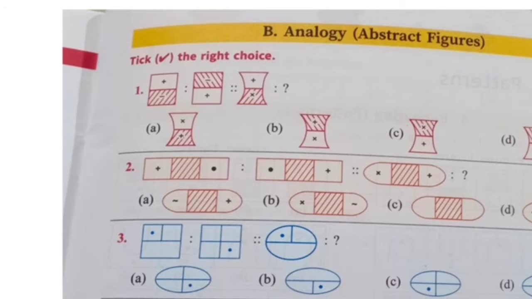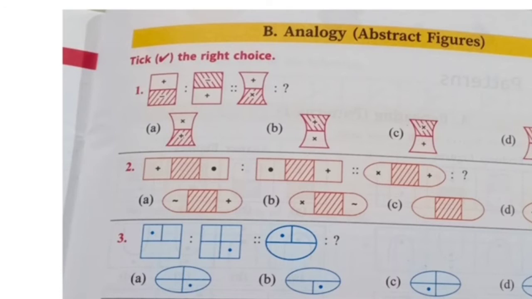Similarly, we have the second abstract. In that, a dot is given first, then in the middle cross lines are given, and in the last square a plus sign is given. Then we have to find our fourth abstract.